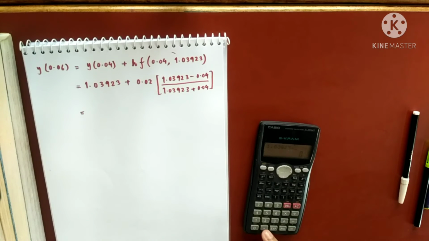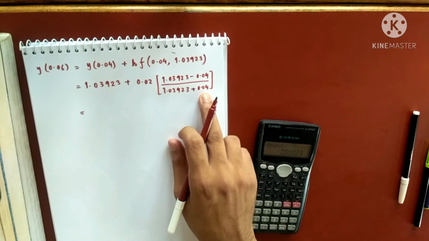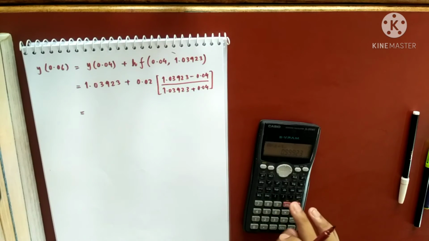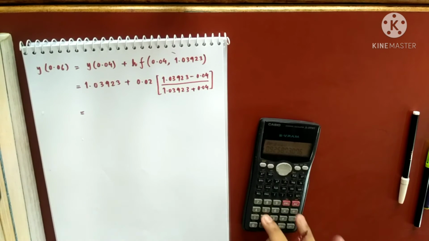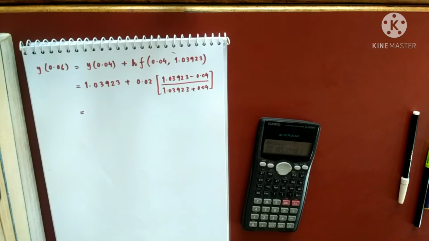1.03923 minus 0.04 divided by, let's add them, 1.03923 plus 0.04, into 0.02, plus 1.03923.